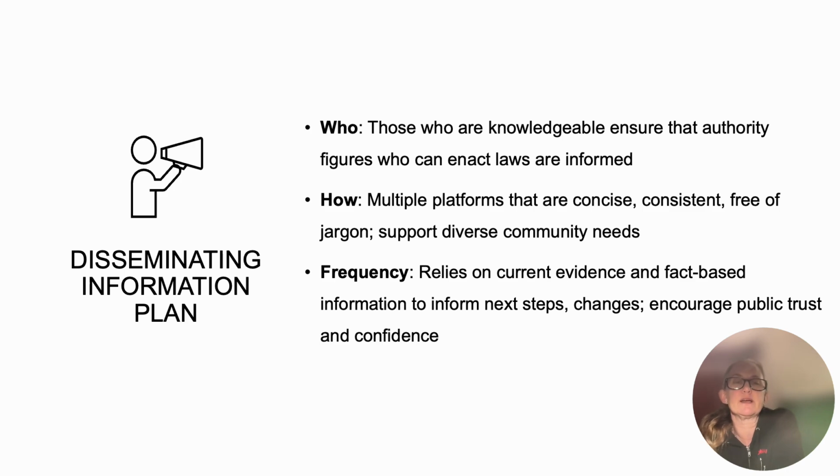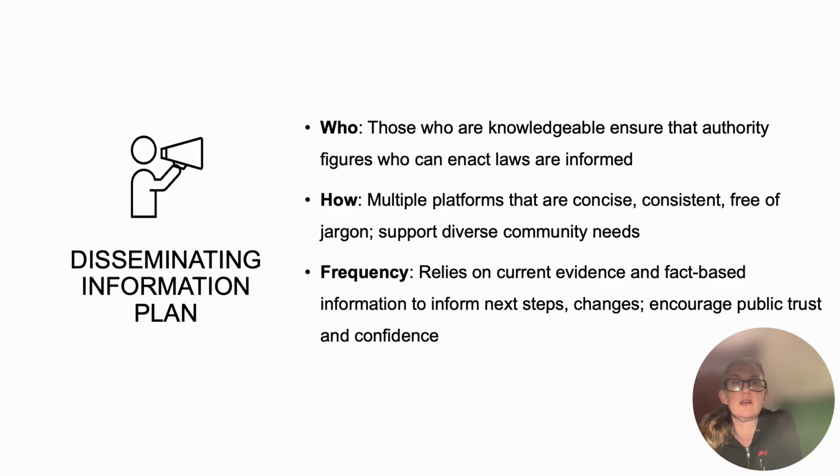Multiple platforms like printed copy, local news broadcasts, radio announcements, and social media can be used to cover large geographic areas. Distributed materials should merge elements that promote accessibility, such as closed captioning or visual aids, to support individuals with disabilities, those with limited English proficiency, or those with low health literacy.